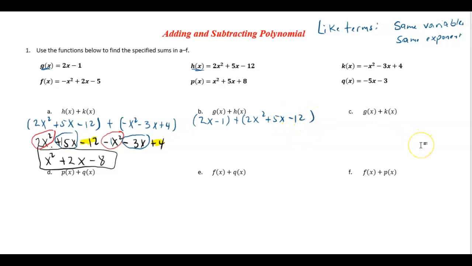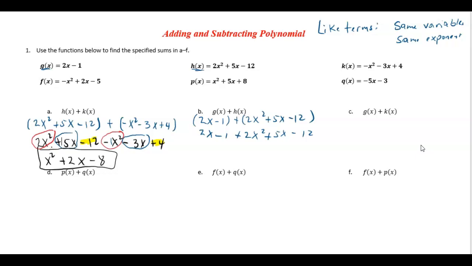Okay, so now let's combine. The first thing I like to do is rewrite this without the parentheses. So we got 2x minus 1. The first one's still the same, and since that's a plus, it doesn't have any impact. Plus 2x squared plus 5x minus 12. Now I'm going to combine like terms.